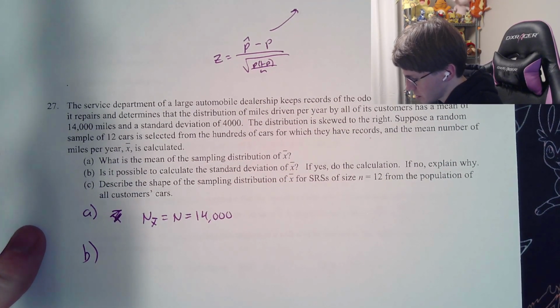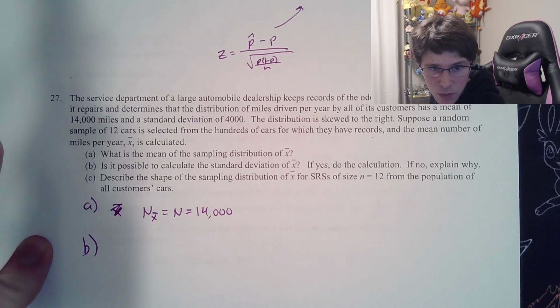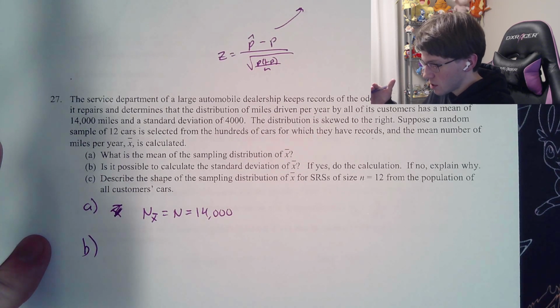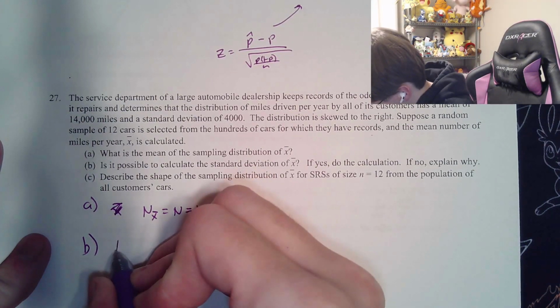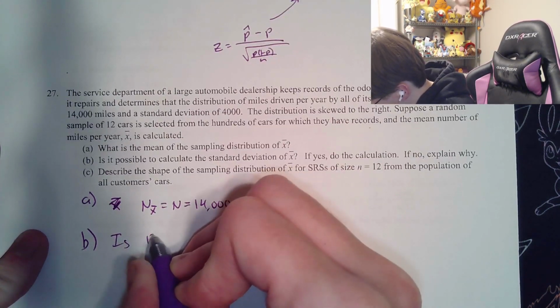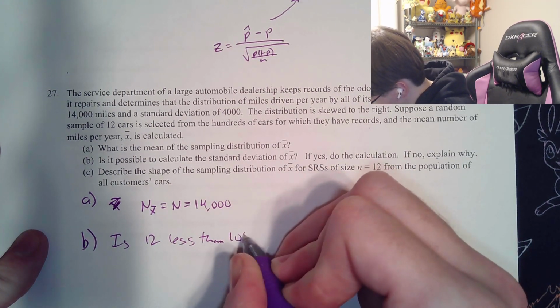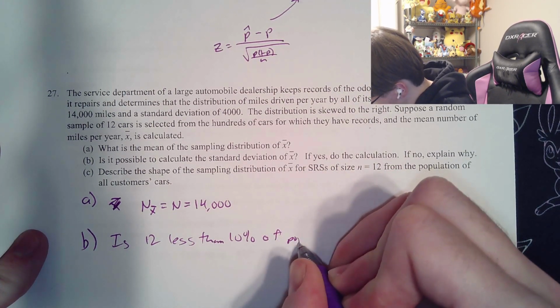Is it possible to calculate the standard deviation of X bar? You can only calculate the standard deviation of X bar if you have selected less than 10% of the population. So is 12 less than 10% of the population?